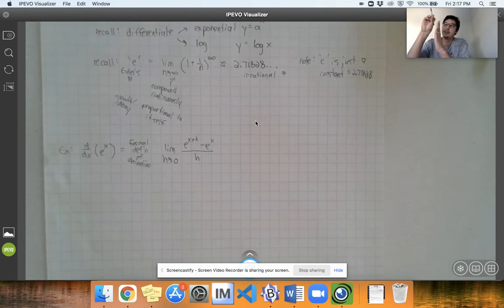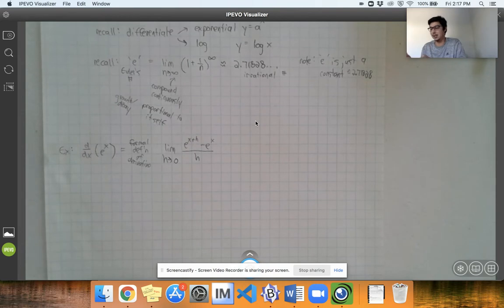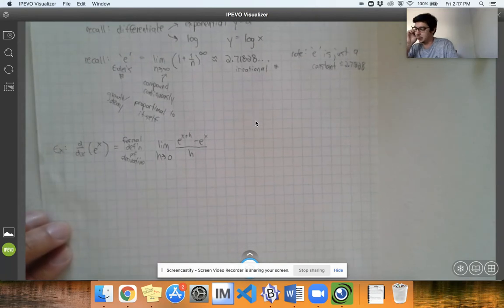You just calculate the slope between those 2 points, but then you want that h to get closer and closer to 0. Minimize the distance between those 2 points, so ideally, we're going to say with limits that the slope across that infinitesimally small distance between those 2 points is equivalent to the slope at 1 point. And that's where that comes from again.